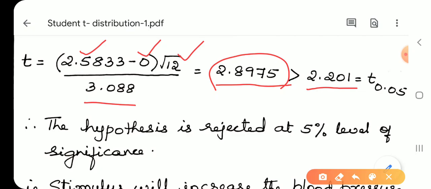The hypothesis is rejected. If it is t of 0.05, we will say 5% level of significance. If it was less than the table value, then the hypothesis would have been accepted. So here we'll write, the hypothesis is rejected at 5% level of significance.